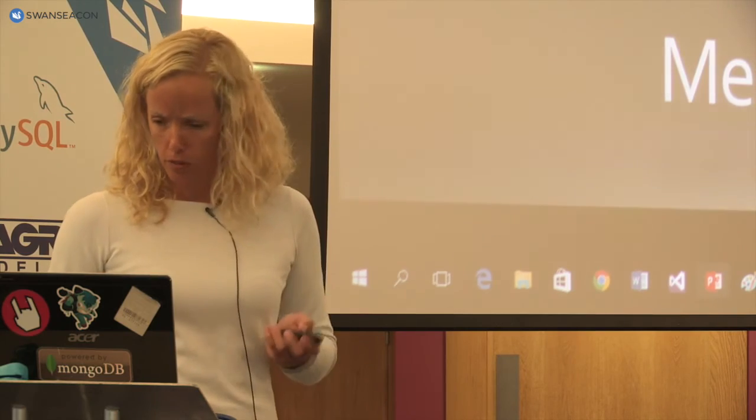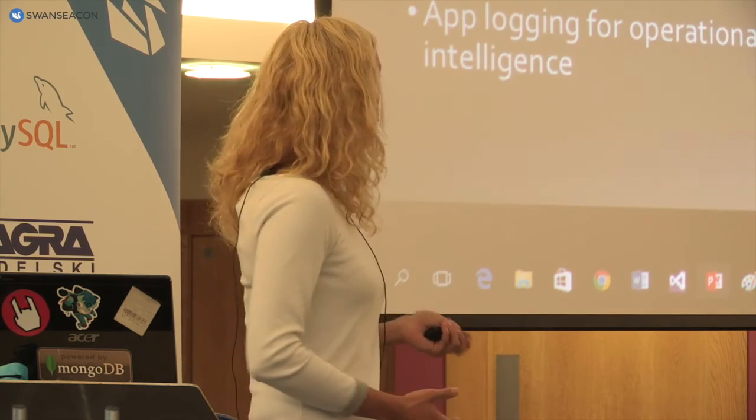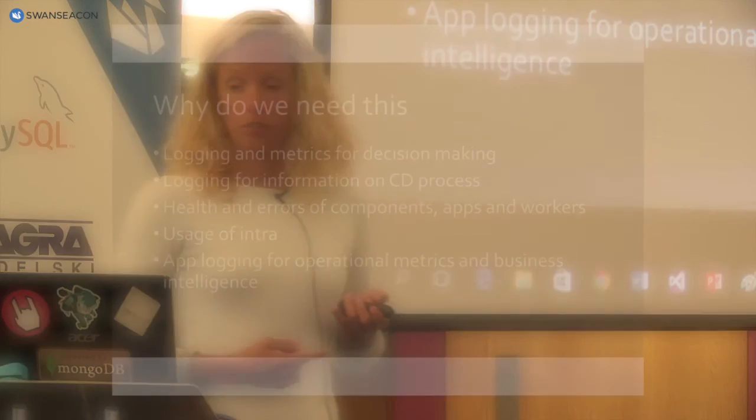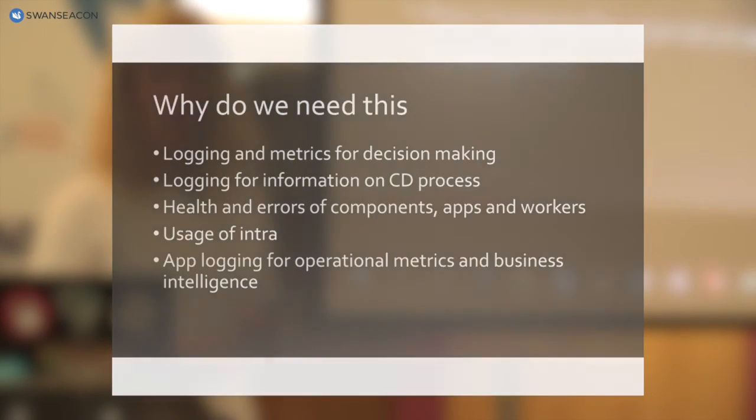So this is the last subject. Measurement is important to, amongst others, prove to auditors that you did the right thing. It's important, so that was like information on the CD process. You can see what the health of your landscape is. You can see how many errors there are on components, apps, workers.